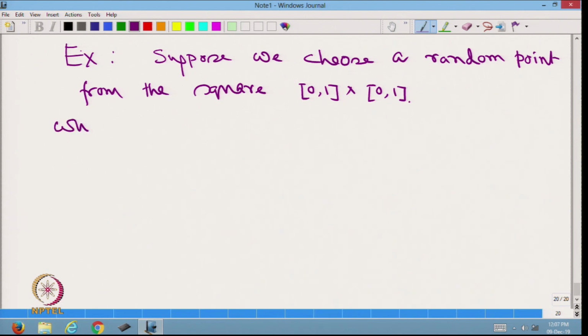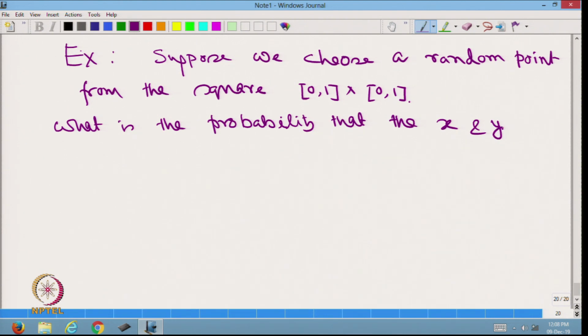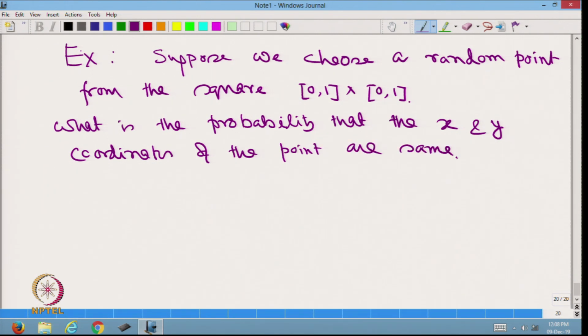What is the probability that the x and y coordinates of the point are same? So, that is the question.